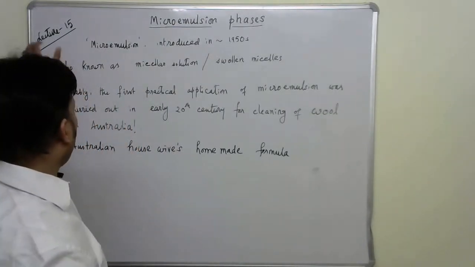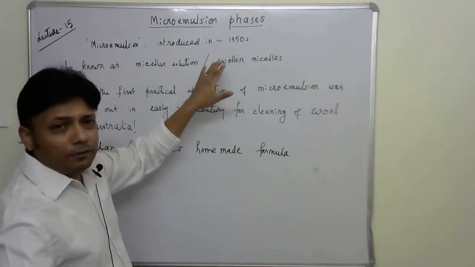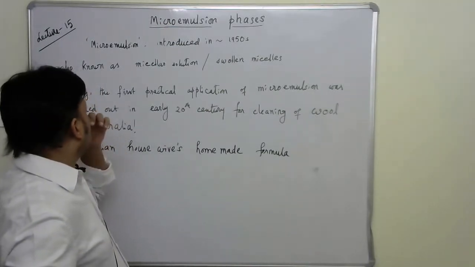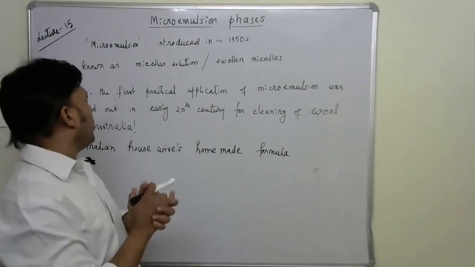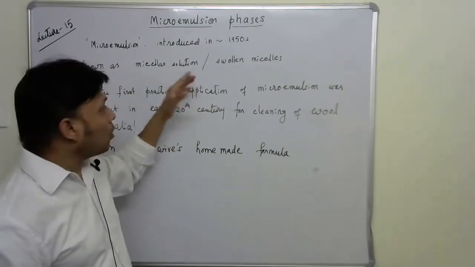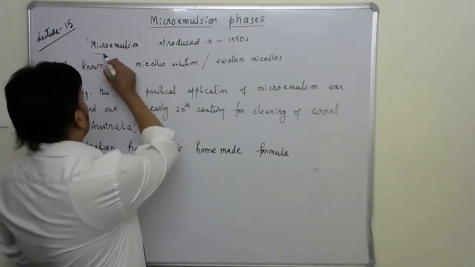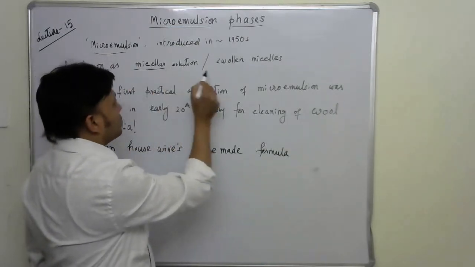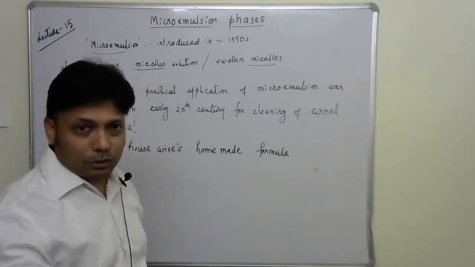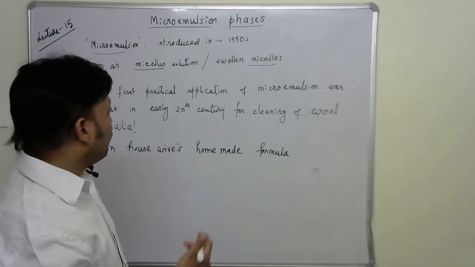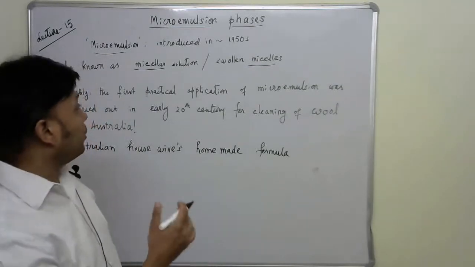The microemulsion term was scientifically first introduced in the 1950s, and it is also sometimes referred to as micellar solution or even swollen micelles. Why microemulsion is connected with micellar structure, we will come to a bit later during today's lecture.